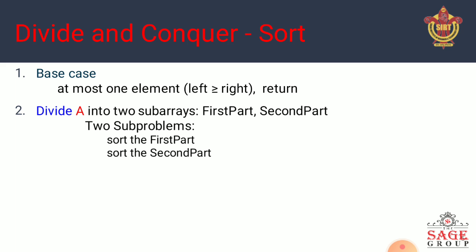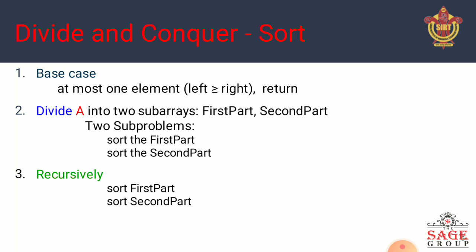If we have a large problem, with more than one element, then we divide the array into two subparts, first part and second part. Then we sort the first part and sort the second part separately. In divide and conquer, our problem is divided again and again into smaller parts until we reach the initial or base condition.